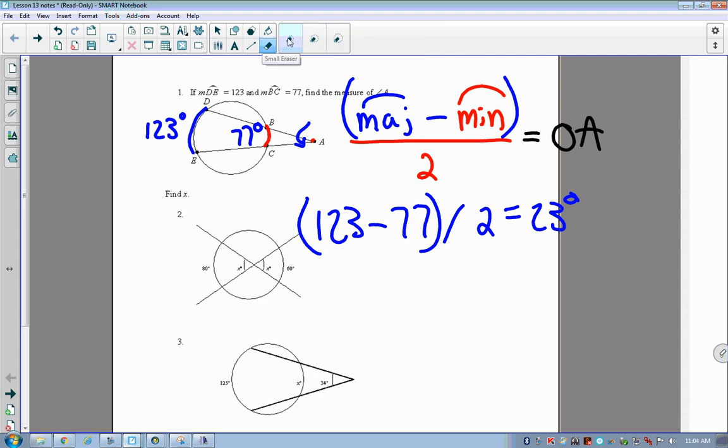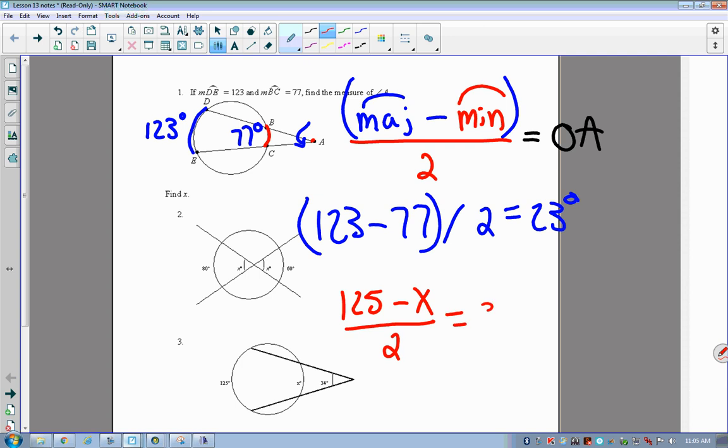All right. Now we can use that same principle to find any other portion, right? So down here on question number 3, I know the outside angle is 34, and we see 125 on my major arc. So what we're saying is we've got 125 minus x divided by 2 equals 34.